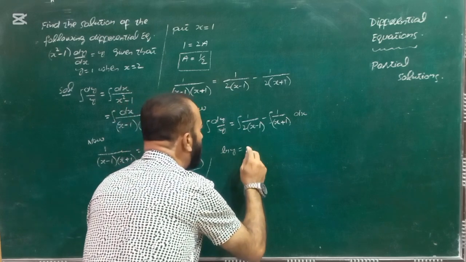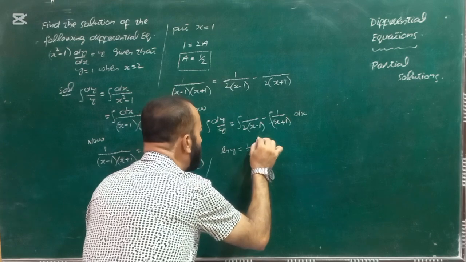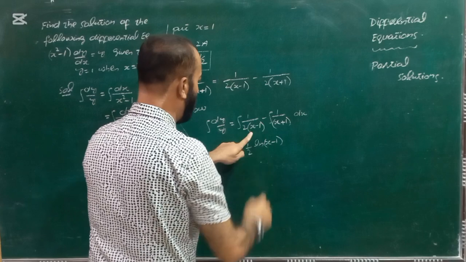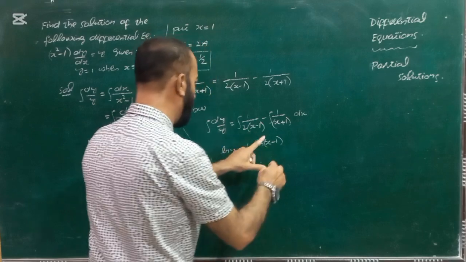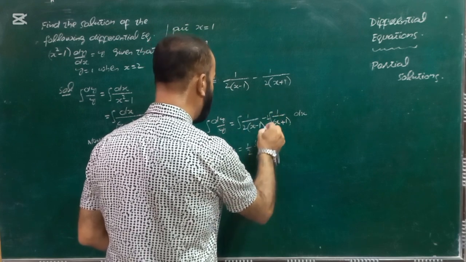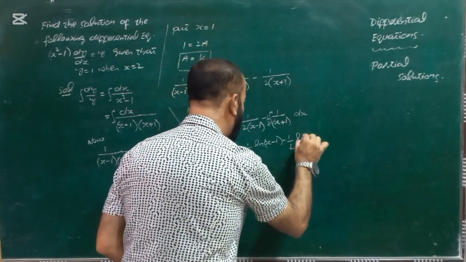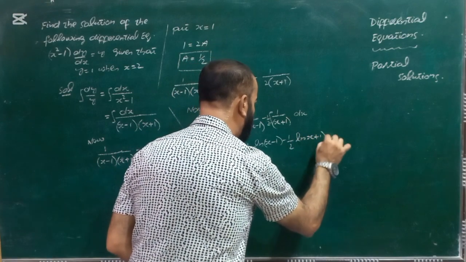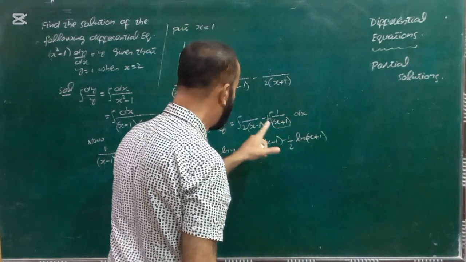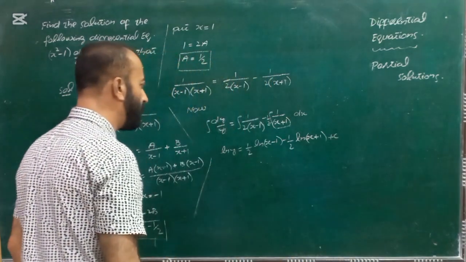On the right hand side it will be equal to 1 by 2 natural log of x minus 1, because its differential is there in the numerator. Likewise here is 1 by 2, so minus 1 by 2 natural log of x plus 1, because the differential of this value is there in the numerator, and plus c will be placed.